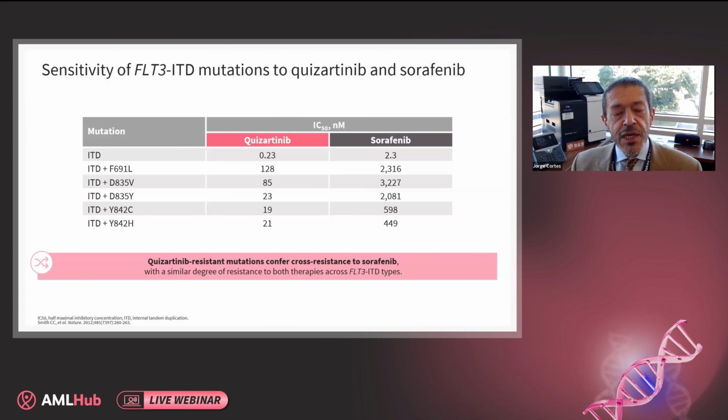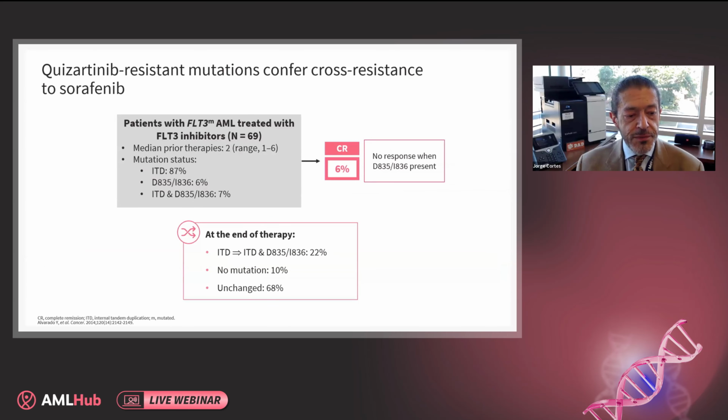to these drugs. So in the next slide, we did an analysis some time ago looking at patients that had received either quizartinib or sorafenib. Remember, we were using sorafenib for this indication for some years before these other drugs were approved. We looked at how often they developed these kinase domain mutations as a mechanism of resistance in patients who lost their response.